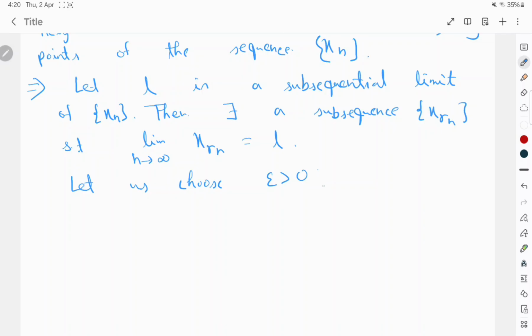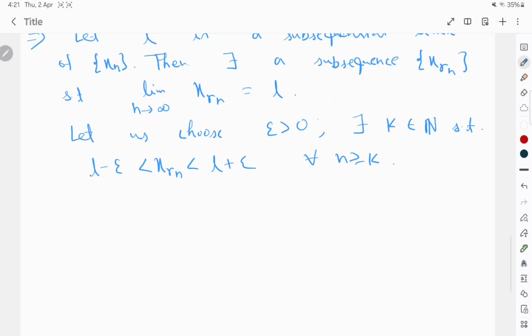Then there exists a k belonging to the natural numbers such that xrn lies between L minus epsilon and L plus epsilon for all n greater than or equal to k.